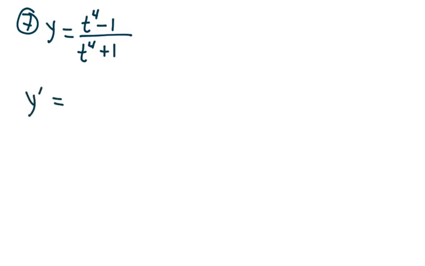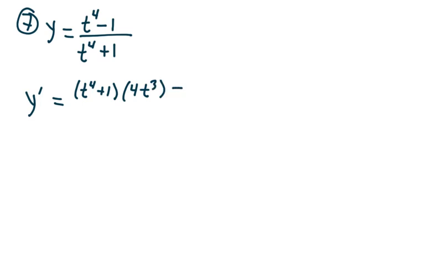Let's take a look at problem number 7. On problem number 7, we have y equals t to the 4th minus 1 divided by t to the 4th plus 1. Using the quotient rule, we can say y prime is the bottom function, which is t to the 4th plus 1, times the derivative of the top function, which is 4t cubed.